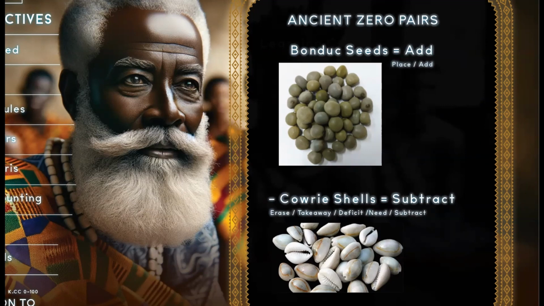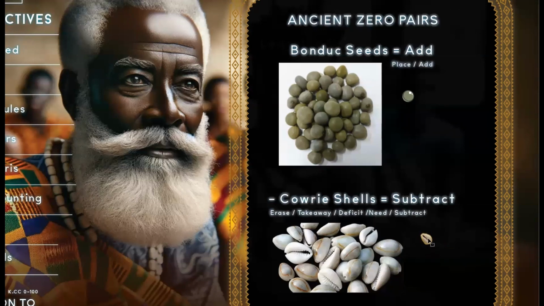But what our ancestors realized, and shout out to Nigerians because this is embedded in their counting system, where they count using negative values, our ancestors created tangible representations of negatives using cowrie shells. So we use cowrie shells today. That's our relationship to the subtraction symbol. Now, one could also argue that it's a tally mark, but we use it as our subtraction symbol.